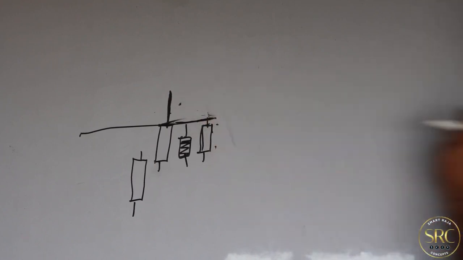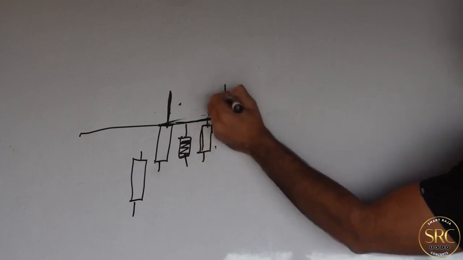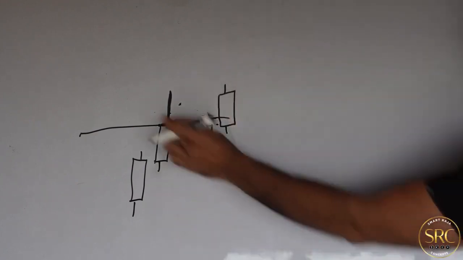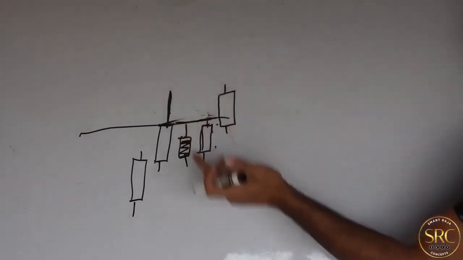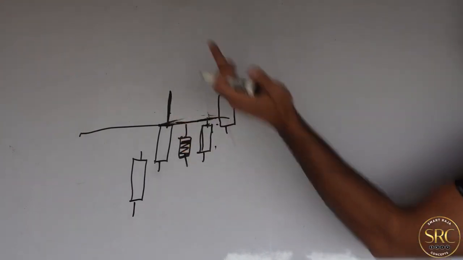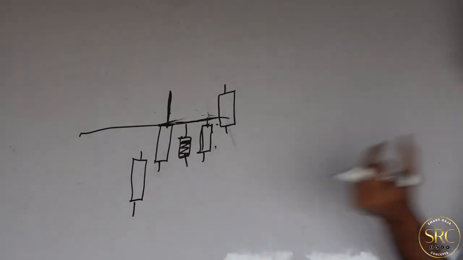A better scenario would be for you to wait for a candle to close in this area. What this will tell you is that previously we tried to break above this area, but we couldn't. The candle exhausted, went down in the range, and rejected. But now we have this Robocop candle.